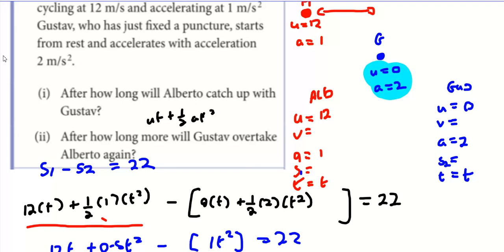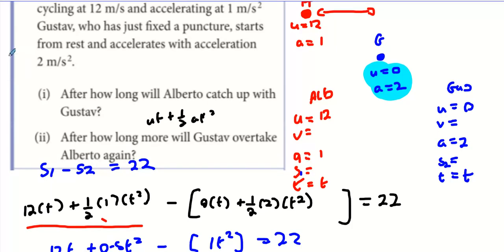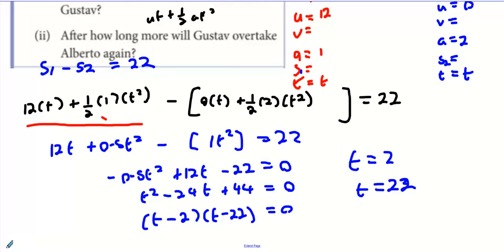Gustav's in the lead at the moment, isn't he? He'll eventually overtake Alberto again and build up a 22-meter lead. Does that make sense? That's why there's two answers, t equals 2 and t equals 22.